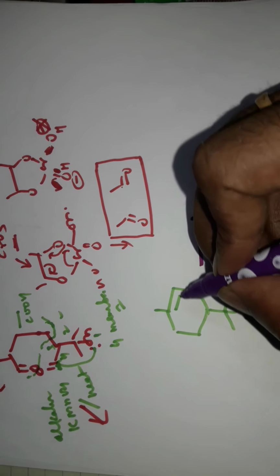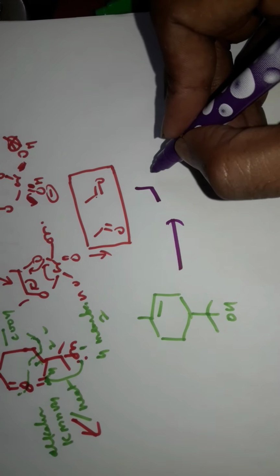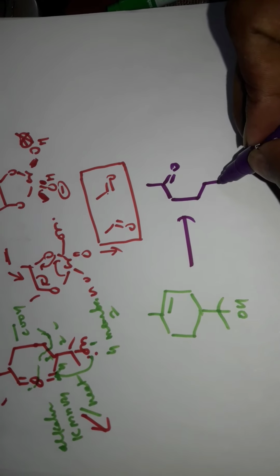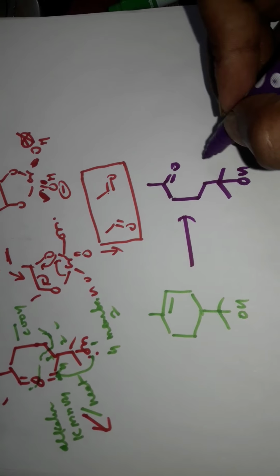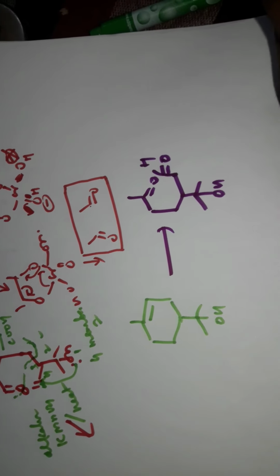Through this mechanism it will break down here to C=O and OH, and it is converted to an aldehyde.